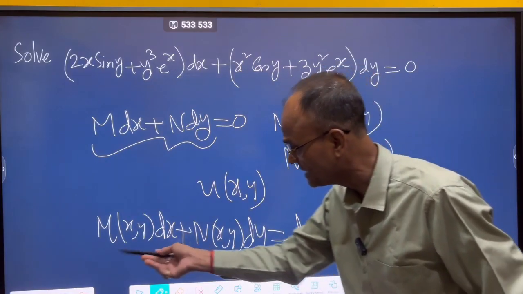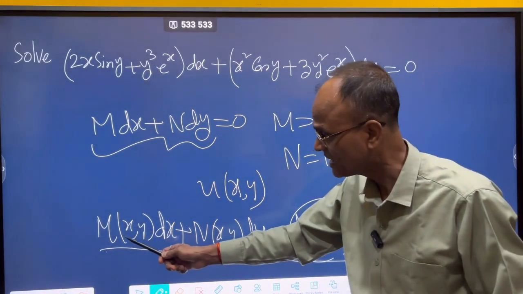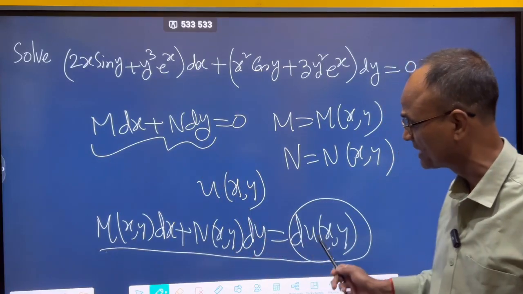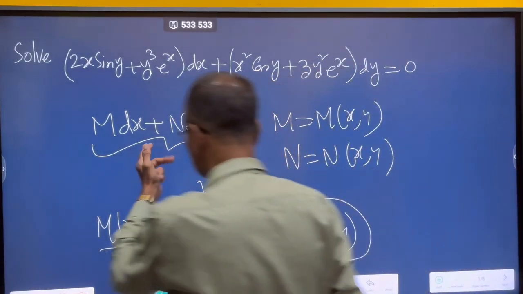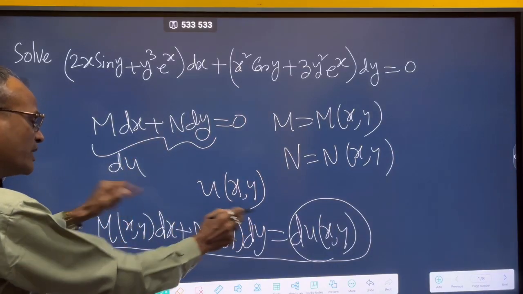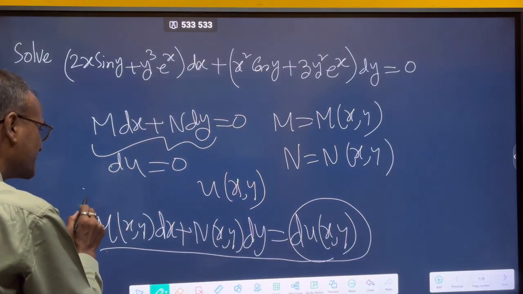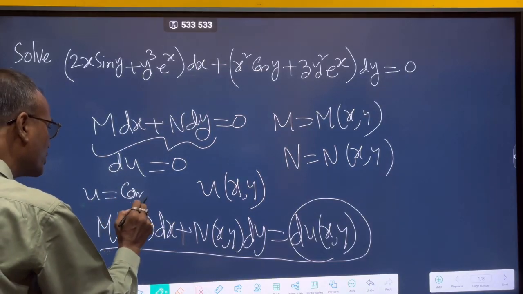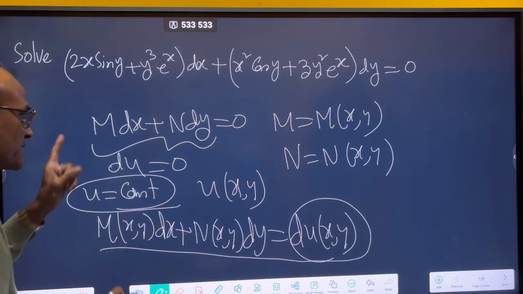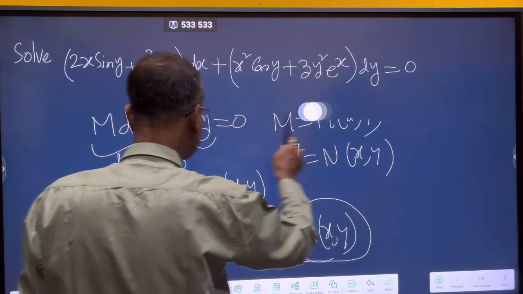If you can find a function u of x and y such that M dx plus N dy can be written as this, then du equal to 0. If you integrate it, u equal to constant. This is the solution of the exact differential equation.